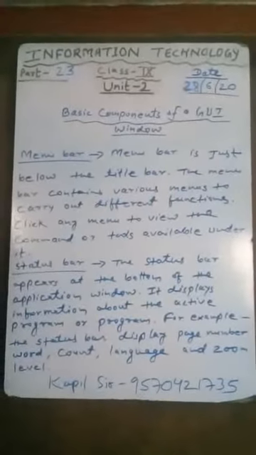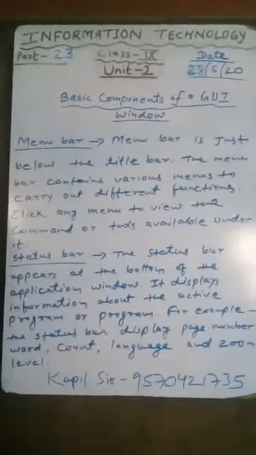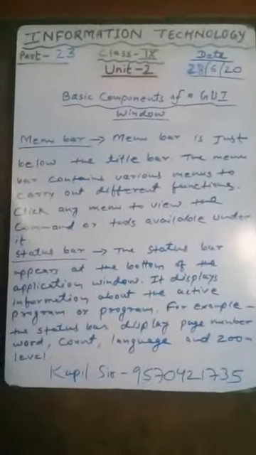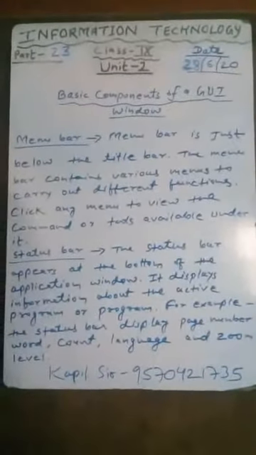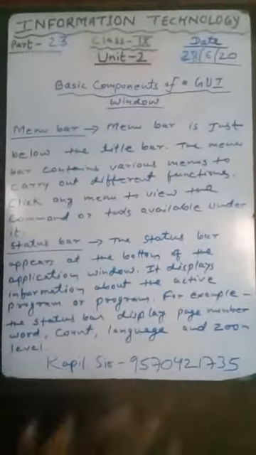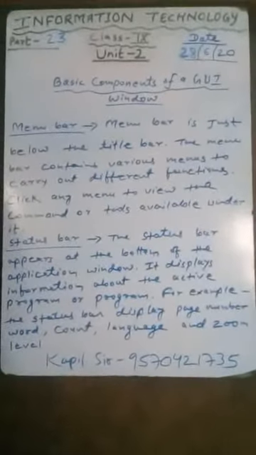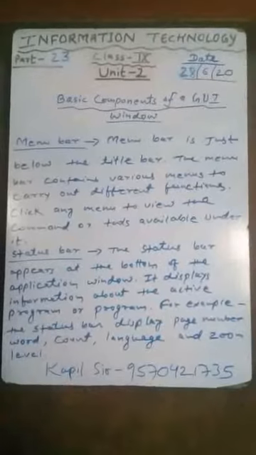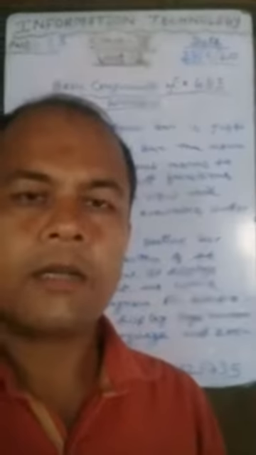For example, a status bar displays page number, word count, language, and zoom level. All of these we can get at the bottom on the status bar. This is the status bar.